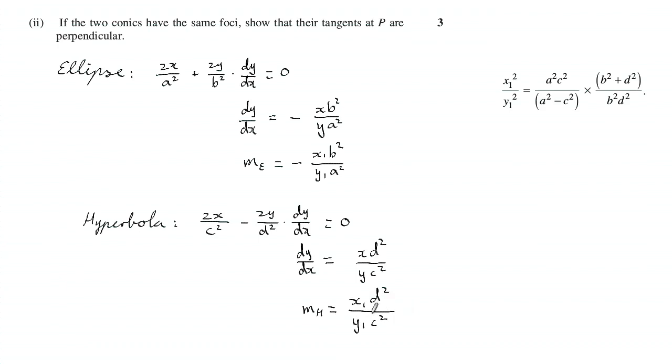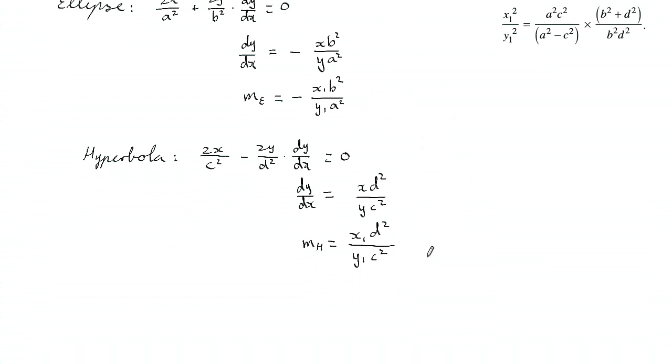So now what we can do is multiply these 2, because if the product of these is -1, that'll show that the tangents are perpendicular. So we can say slope of the ellipse times the slope of the hyperbola. I mean negative, we're going to get x1 squared b squared d squared.